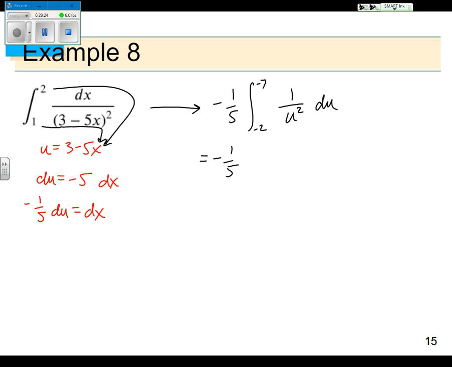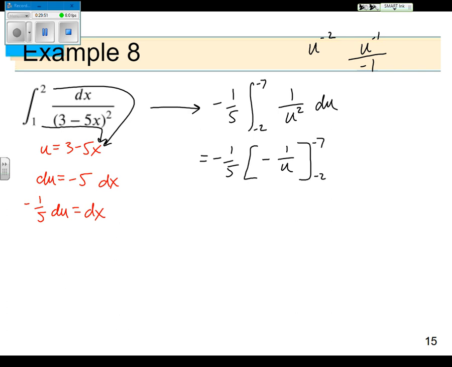If I integrate this, let's see, that's just u to the -2, right? And so if I raise the exponent by 1, that's u to the negative first, put it over the new exponent, -1, that's going to give me -1 over u.